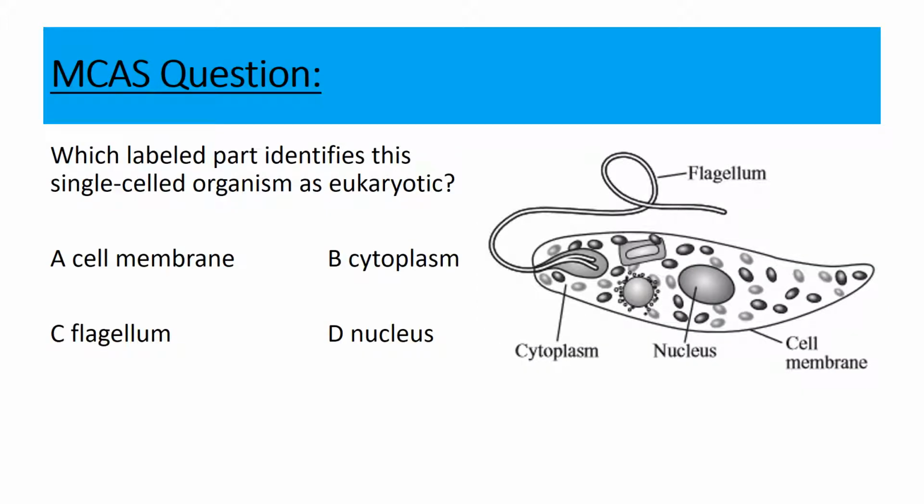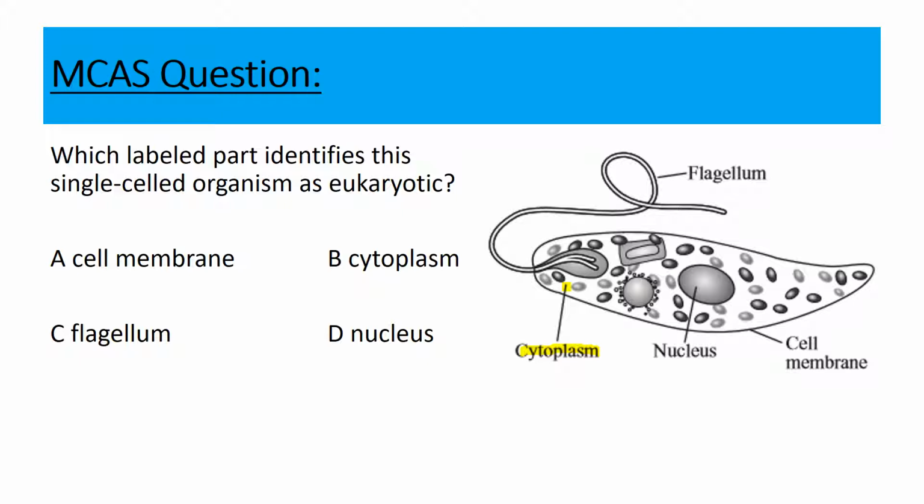I want to show you an example of the word cytoplasm being used on the MCAS. Don't worry about the specific question right now. I just want to highlight that the word cytoplasm is right here, and notice what it's pointing to. On diagrams, cytoplasm is usually labeled as this empty space between all the other organelles.